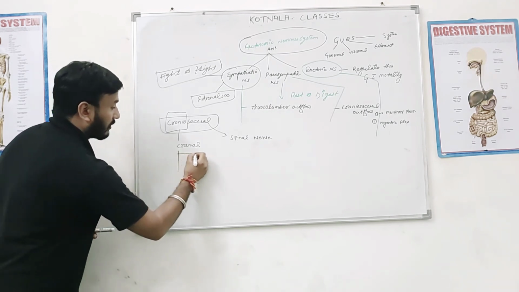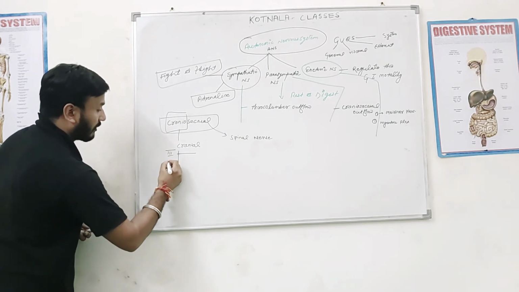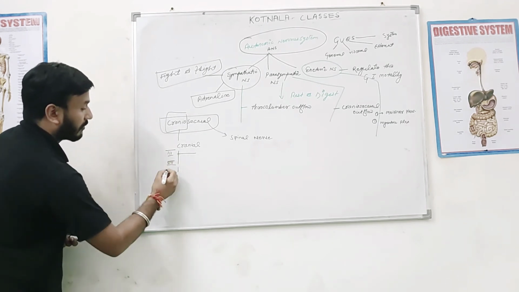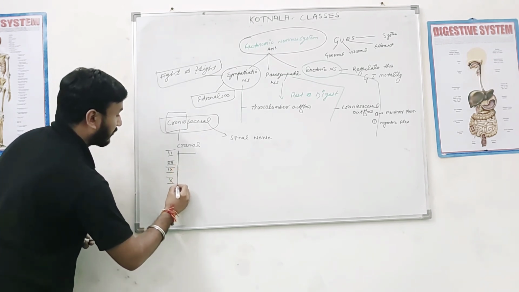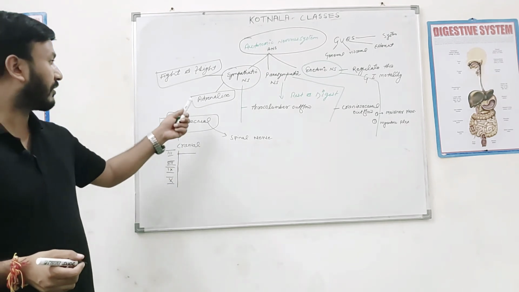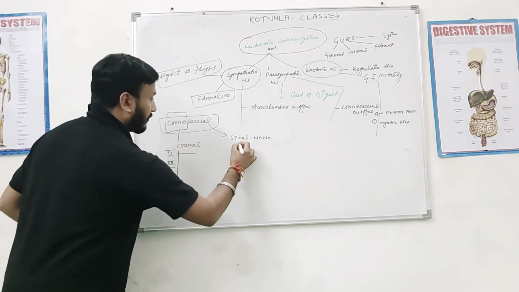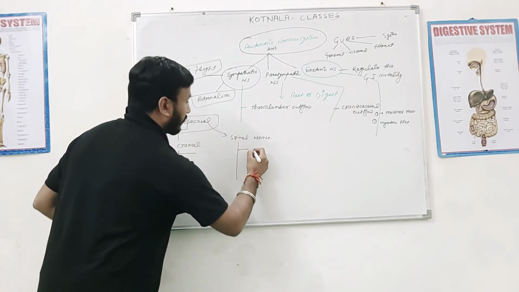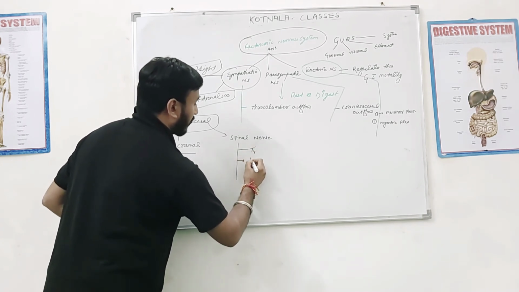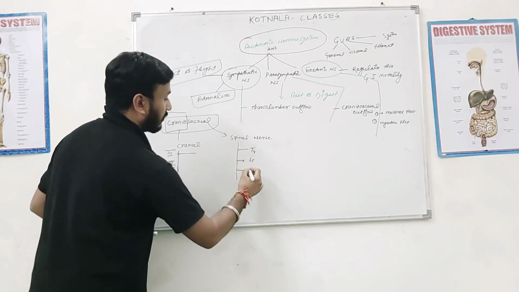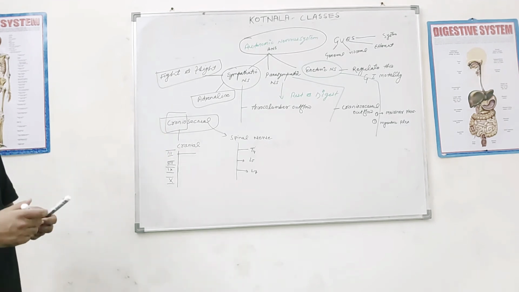Cranial nerve number 3, cranial nerve number 7, cranial nerve number 9, and of course cranial nerve number 10. These are the 4 cranial nerves associated with the parasympathetic nervous system. And the spinal nerves associated with this are, of course, the sacral segments in the craniosacral pathway.